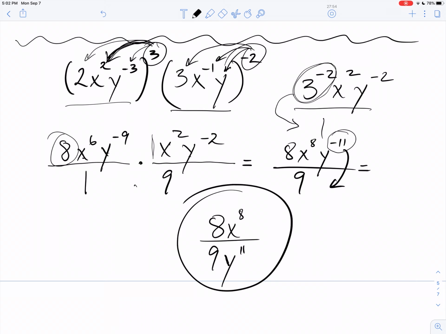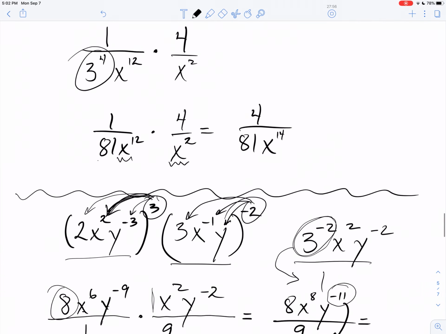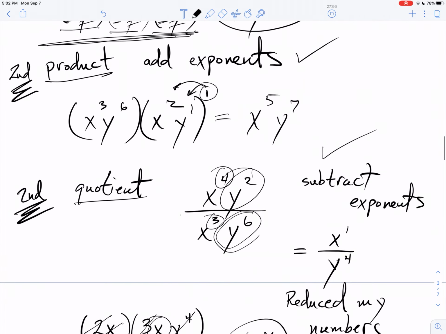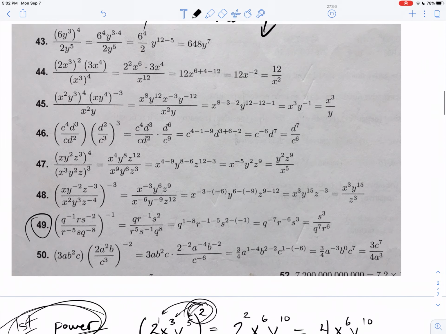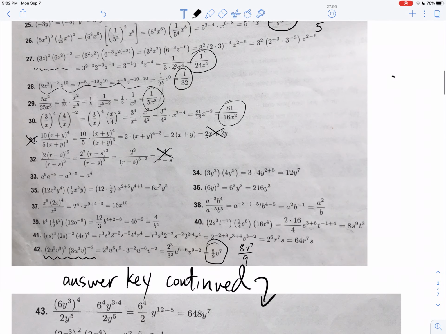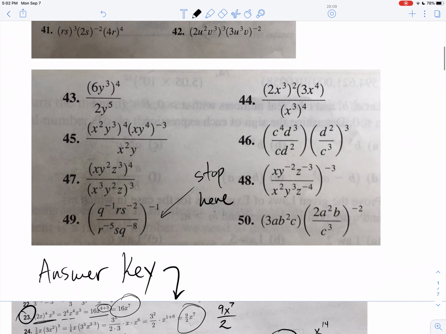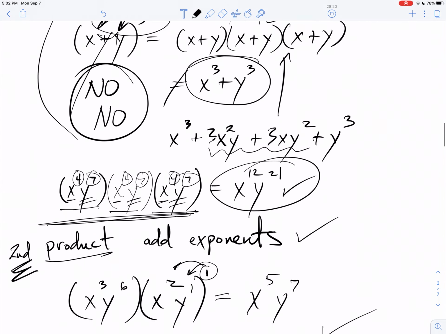Now, there's this guy right here. I gotta show you. Oop, that's the answer key. So, answer key. So look, we're stopping at problem number 49. So I want to make sure that you understand this with 49. They have a big old parenthesis on the outside.